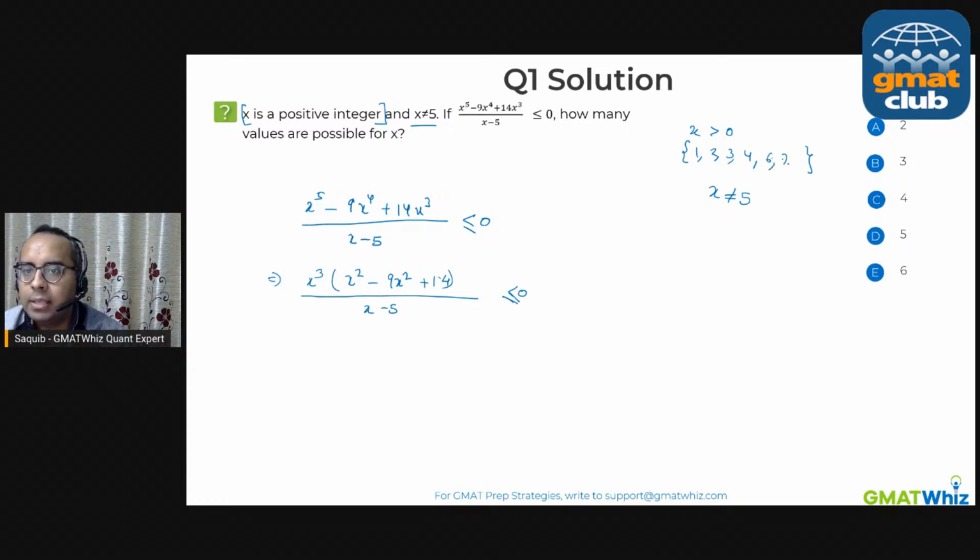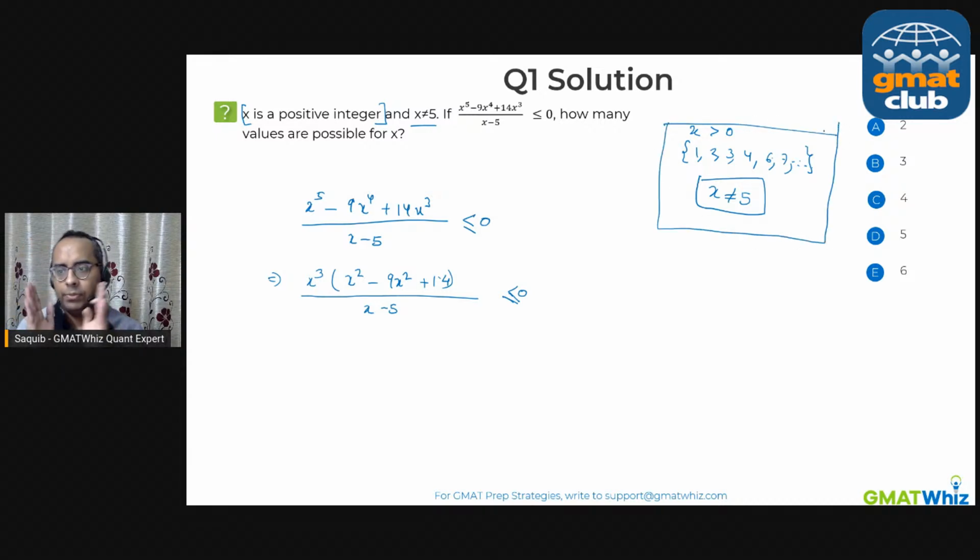I'll write 6, 7, and so on. It cannot be 5. I'll put this in a box, highlight it, and make sure it's very clear somewhere on my piece of paper, which I can go back and refer to. Because before marking the answer, I need to make sure that all the constraints, all the information, are satisfied properly.